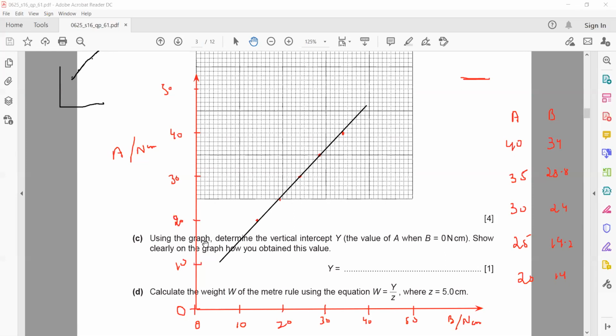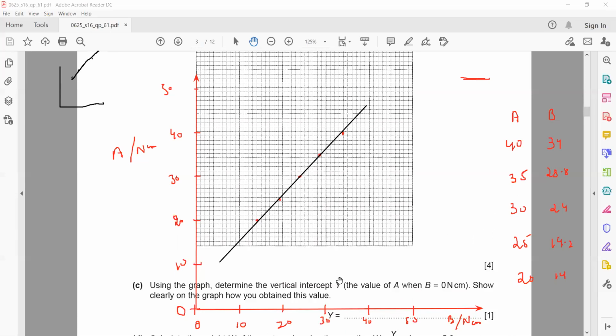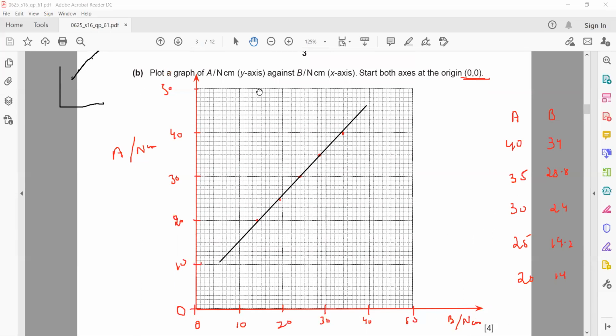Then use the graph, determine the vertical y-intercept. What is the meaning of y-intercept? In mathematics, maybe you have studied the formula for gradient as well as the concept of y-intercept. For example, if this is our line, what is the meaning of y-intercept?